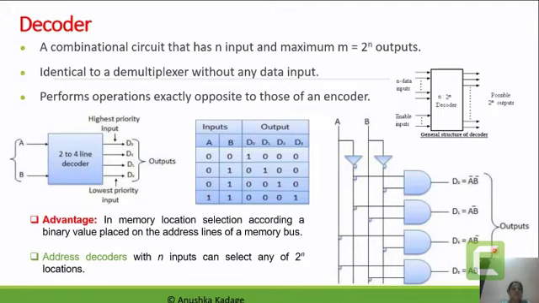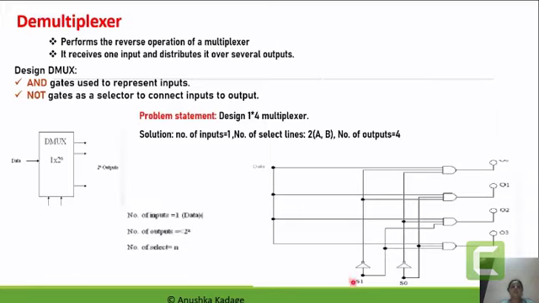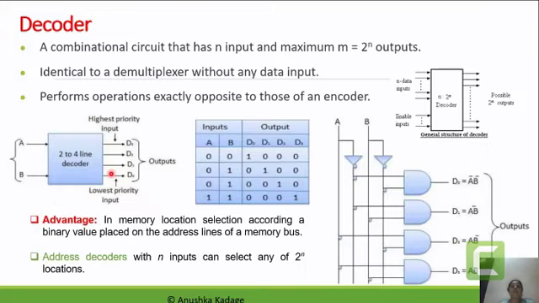So basically, the difference between the decoder and demultiplexer blocks is to be represented in terms of the number of inputs and outputs, as well as the variation of select line or enable input. In the demultiplexers, we have the select lines specified, while in the decoder, we have the enable inputs.